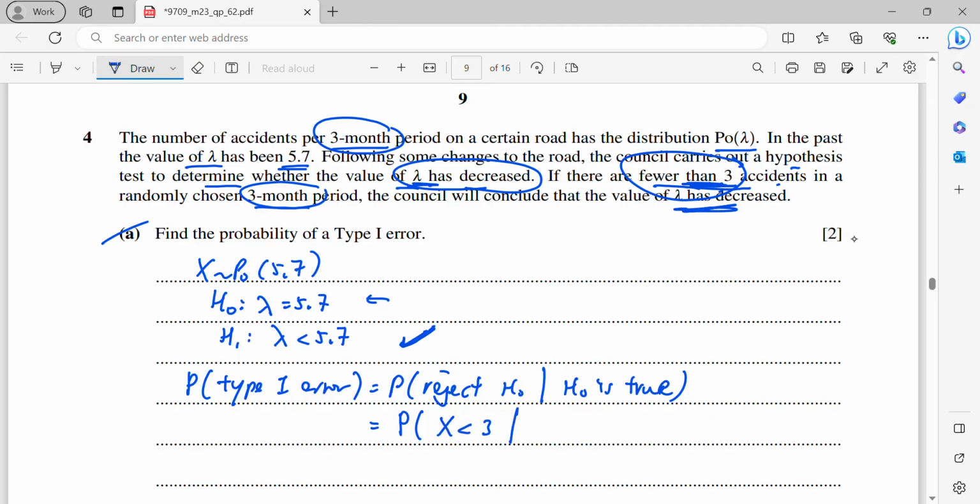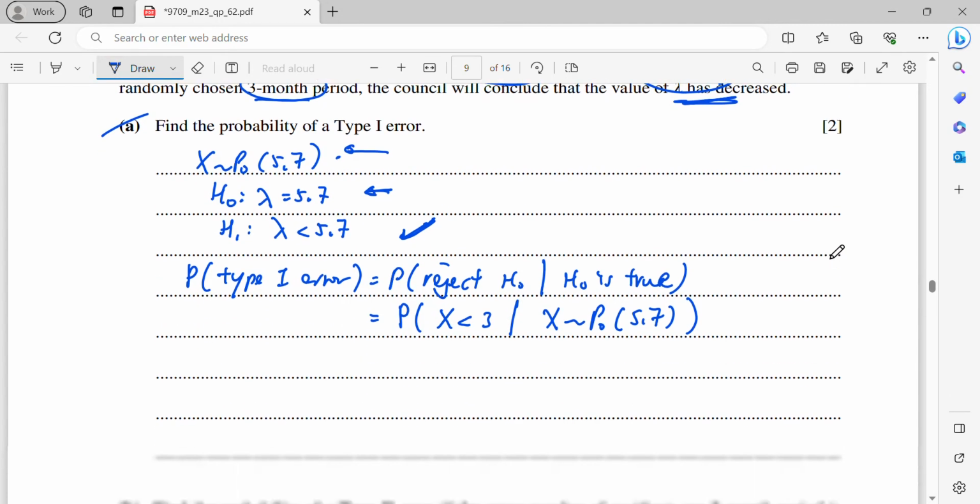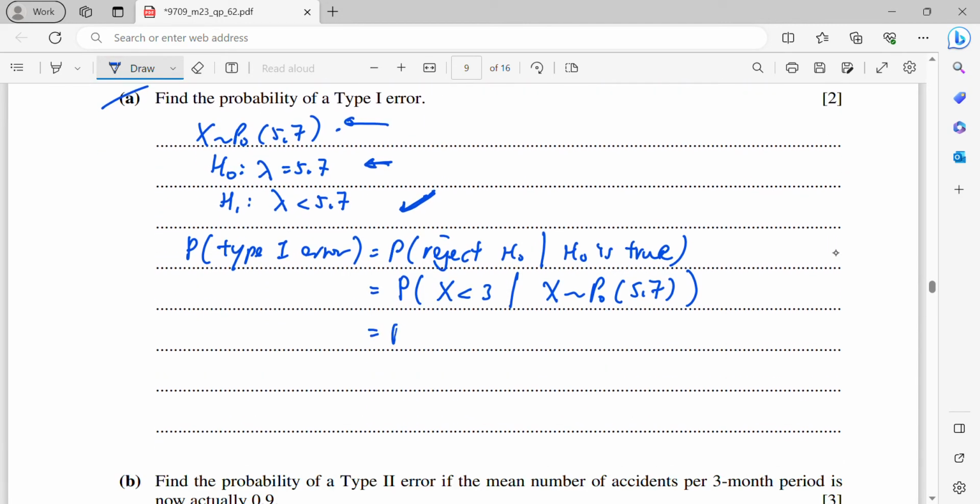Given that H0 is true, our Poisson is going to be Po(5.7). So X is Poisson distributed with mean 5.7. When P(X less than 3), it means P(X=0) or 1 or 2.